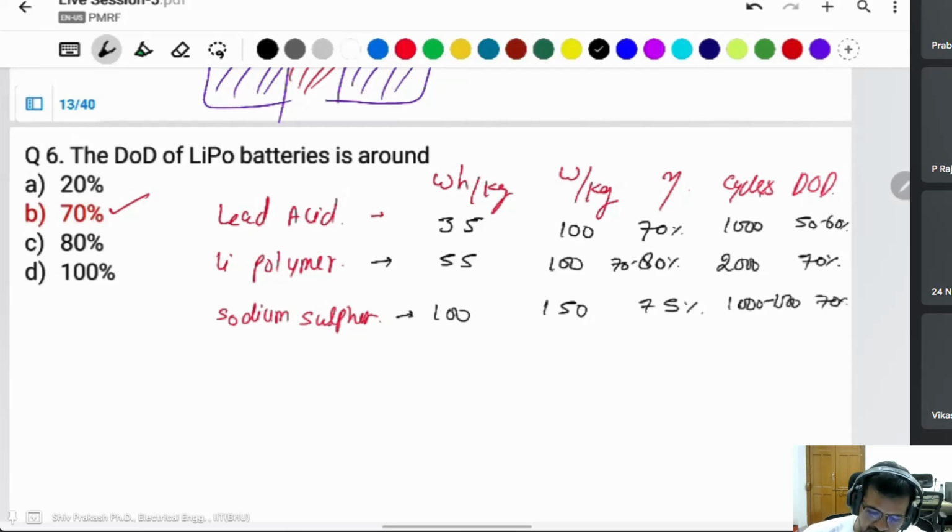Oh, sorry, lithium ion has a high power density. It will be 150, and this will be 200 watt hour per kg. Efficiency 80%. The cycle is 10,000, very high for lithium ion battery. It means you can charge and discharge 10,000 times.